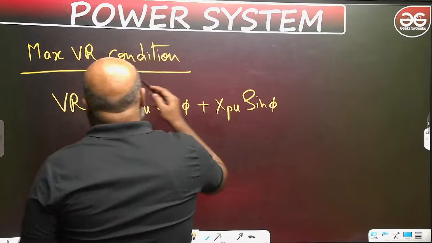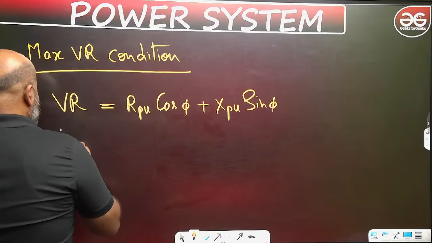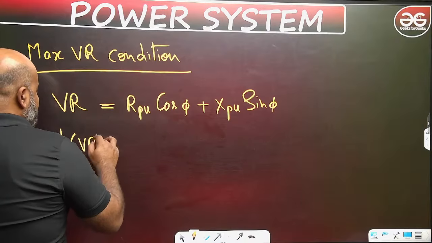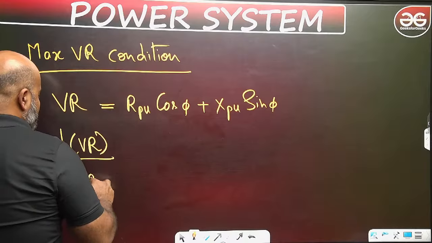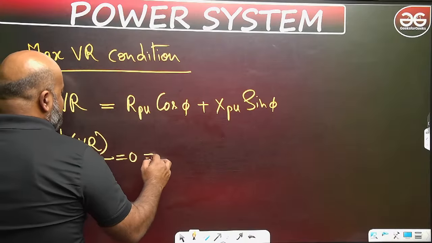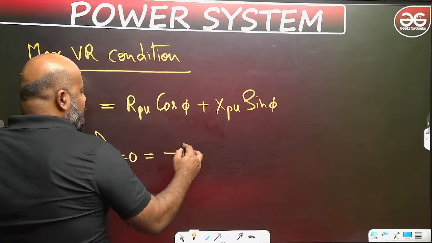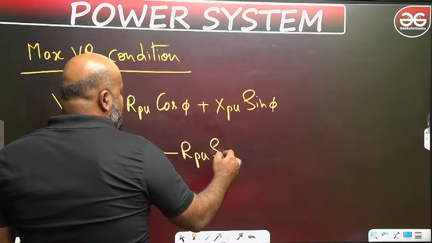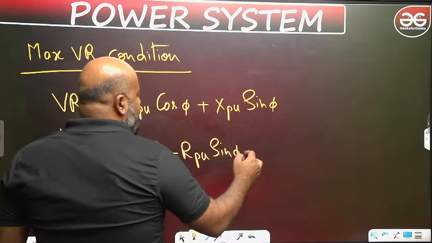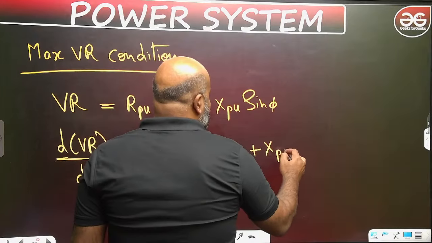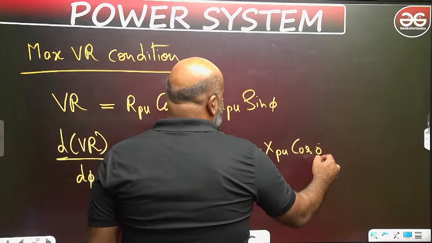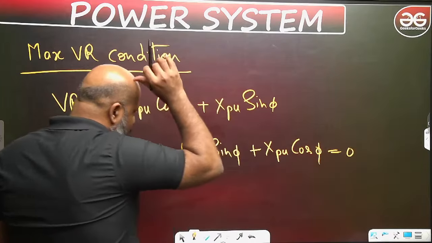You have to find the maximum voltage regulation condition. Just differentiate it with respect to phi and put it to 0. So it becomes minus R per unit sin phi plus X per unit cos phi, equal to 0.